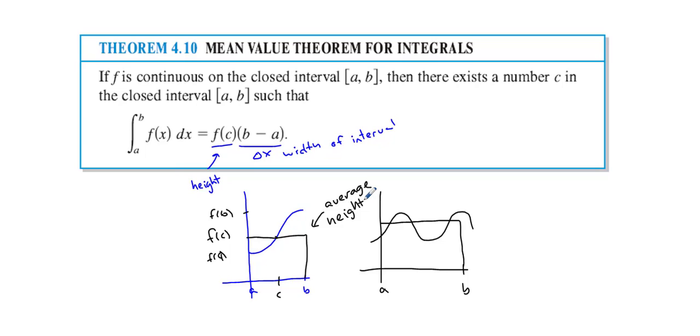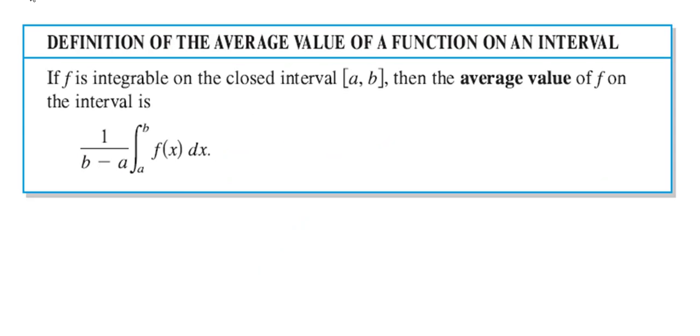Now, this mean value theorem is not typically on the AP test too much, but a variation of this is. That would be the average value. If this is the average value of a function, well, isn't this equal to f of c then? That c value that was between a and b, that's the height that corresponds, which would be the average height of the function, or average value, average amount.